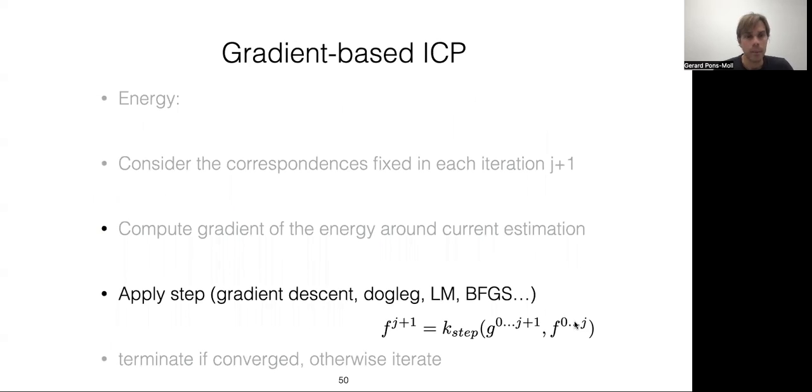As I was saying, gradient descent is the most basic one, but for this sort of nonlinear least squares, there are better solutions, for example Levenberg-Marquardt, which is a popular one.